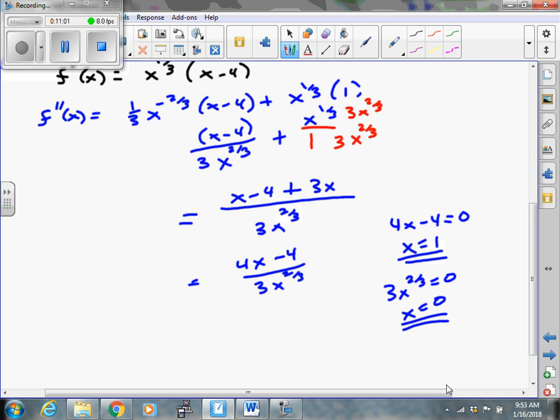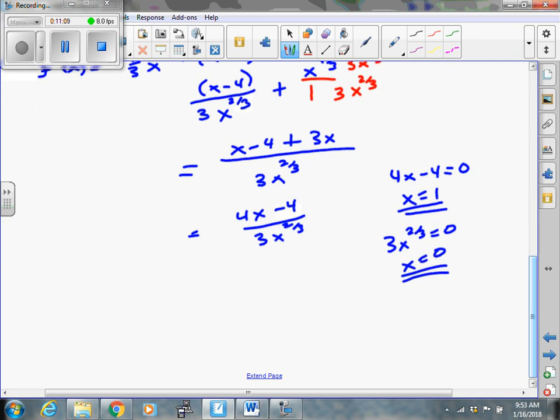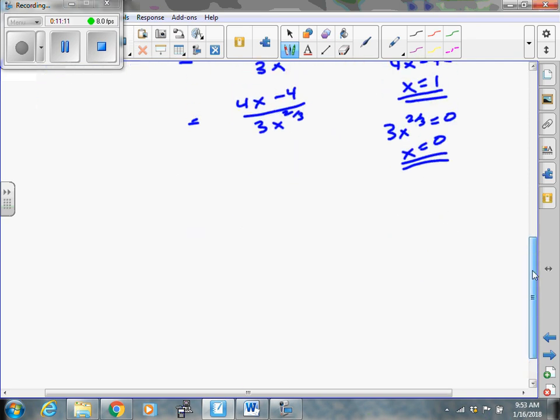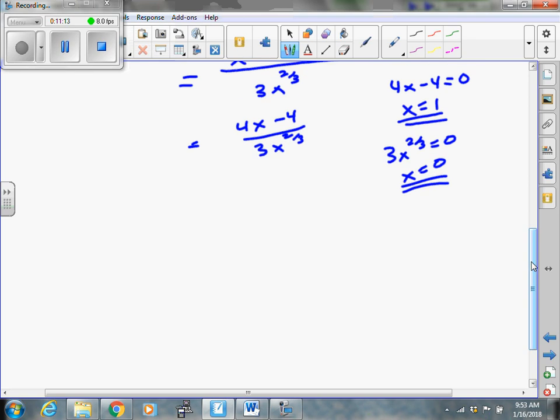I'm not done yet, because those could be points of inflection, but the problem is you have to do your intervals. So keep in mind, right here is the double derivative, and I'm going to do its intervals from negative infinity to 0, 0 to 1, 1 to infinity.